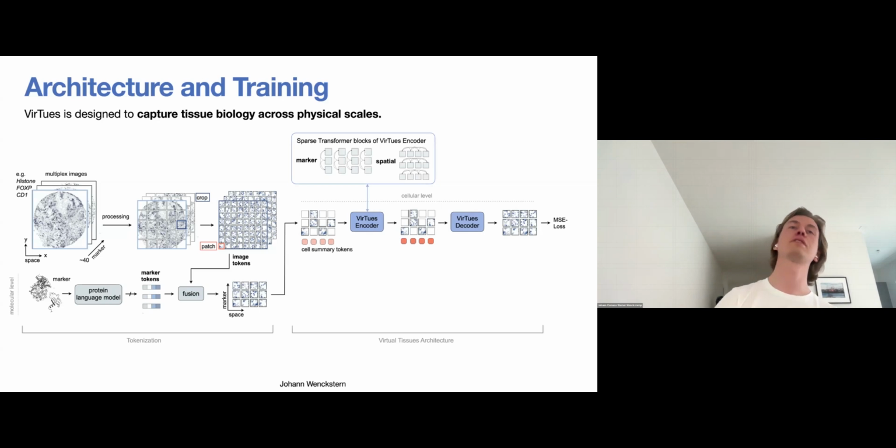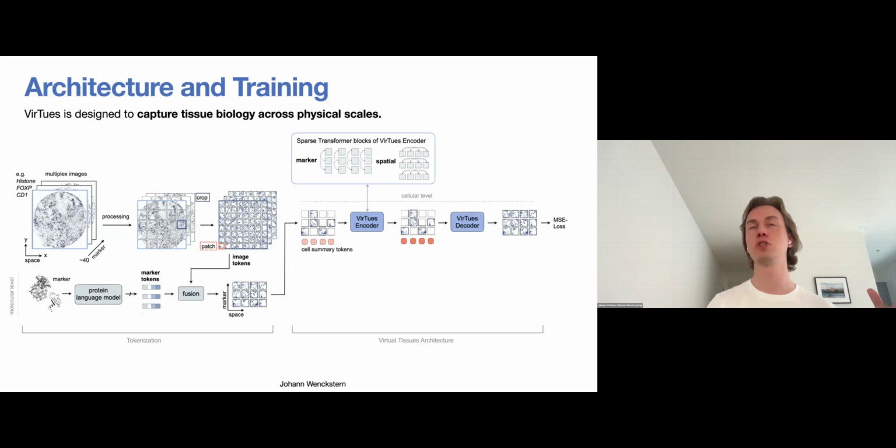The tokenization procedure was designed so that we can put arbitrary combinations of channels into the model, because the number of channels basically becomes just the sequence length, and transformers can handle arbitrary sequence lengths. We get a large number of tokens per sample, and to handle the computational limitations, we introduced sparse factorized attention mechanisms.